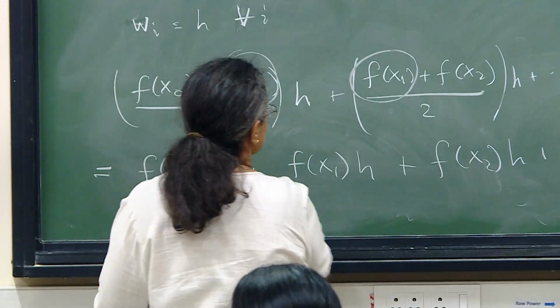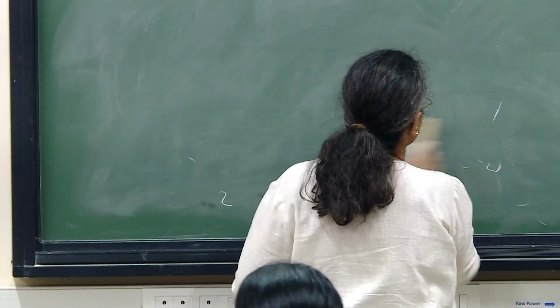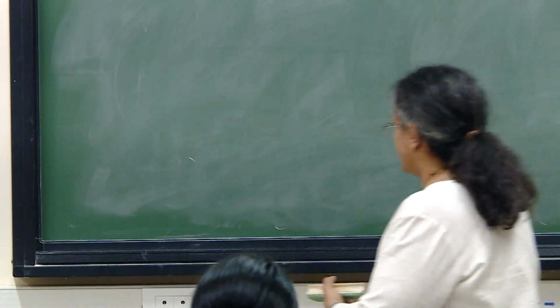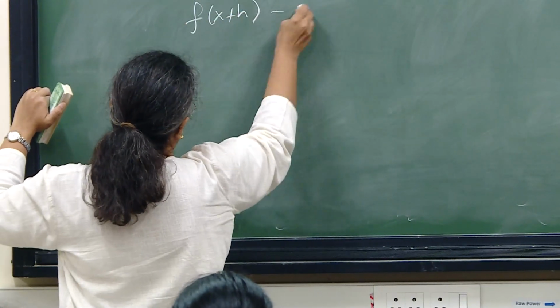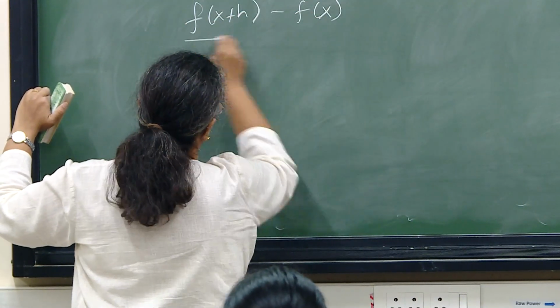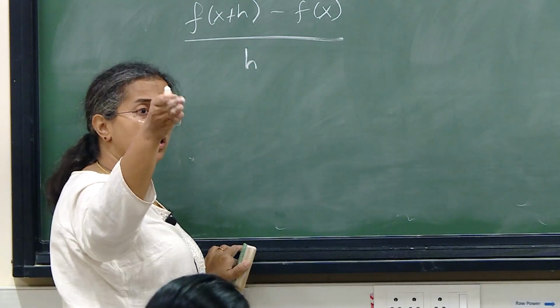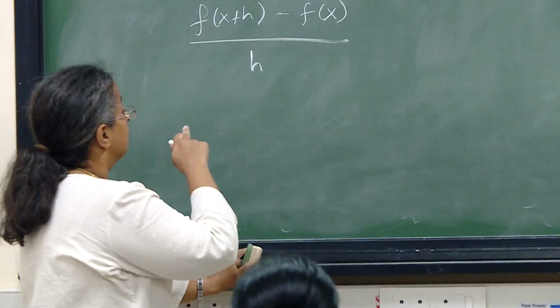In differentiation, we saw that there was an error. Let's take the forward difference. This was your algorithm, divided by h, and no doubt the algorithm improved as you decreased h.